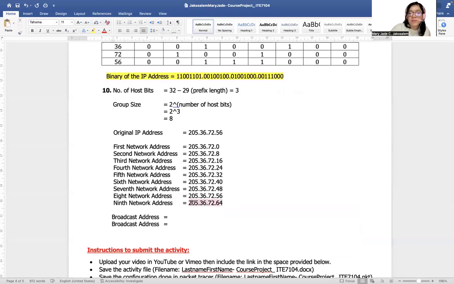So we have to copy this one. Then, to solve, we have to subtract 1 from the fourth octet. So our broadcast address is 205.36.72.63. That is our broadcast address.